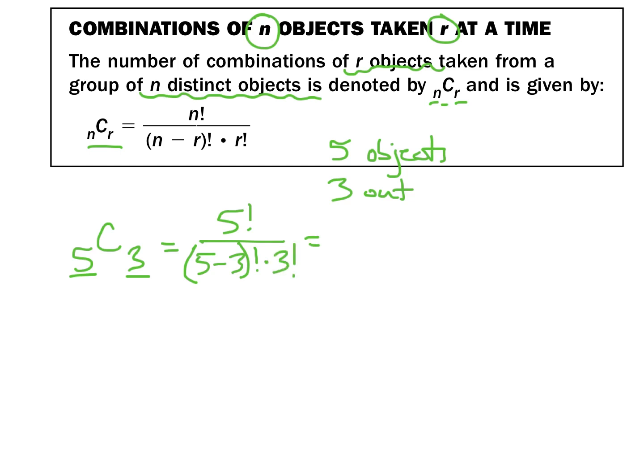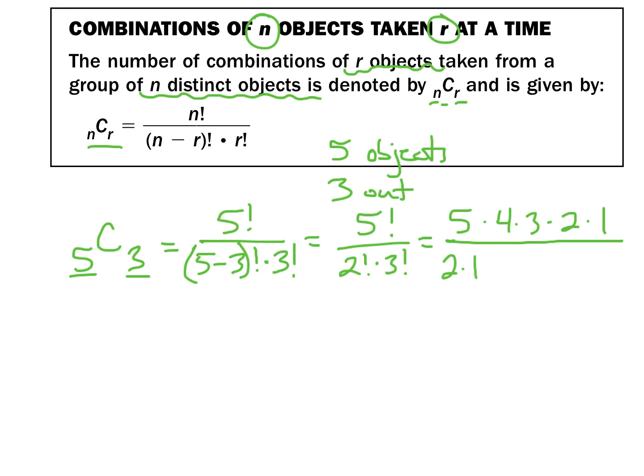So let's see what that looks like simplified. So 5 factorial over 2 factorial times 3 factorial. And I'm going to write that all out, 5 times 4 times 3 times 2 times 1, just so we can see what is going to wind up canceling out. So then we've got 2 times 1 times 3 times 2 times 1.